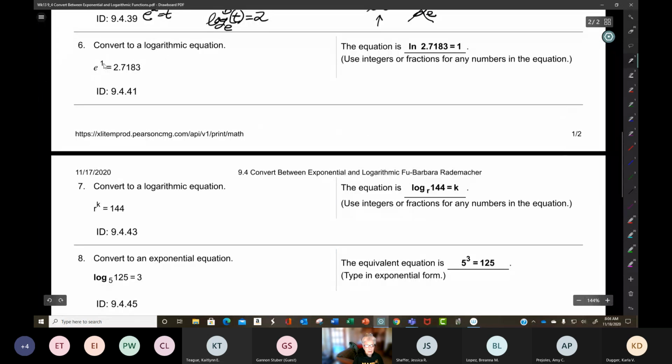Okay, e to the 1. B is the number e. E is 1. A is 2.7183. So we're going to turn this into log base e of 2.7183 equals 1.